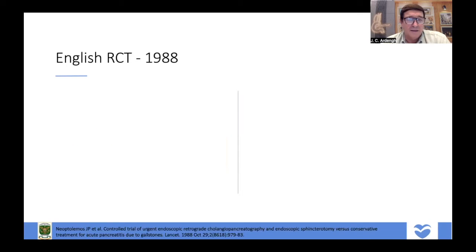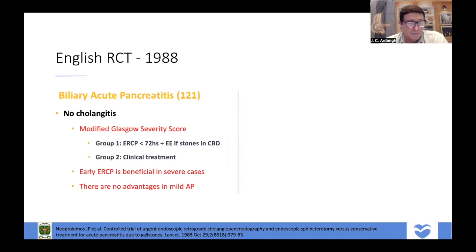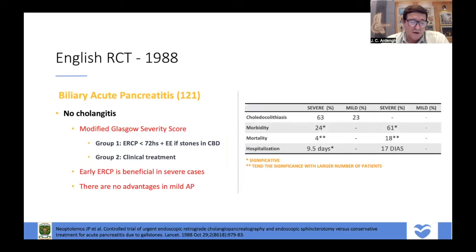From 1988, an English randomized controlled trial of 121 patients with acute biliary pancreatitis without cholangitis divided them into two groups. One was submitted to ERCP plus endoscopic sphincterotomy until 72 hours after the onset of the episode, and the other to conservative treatment.